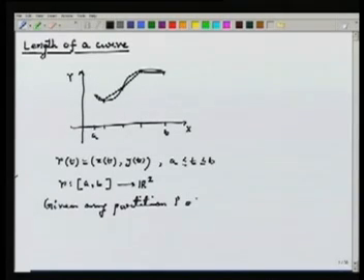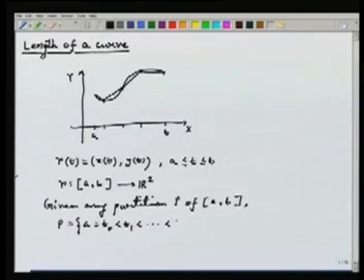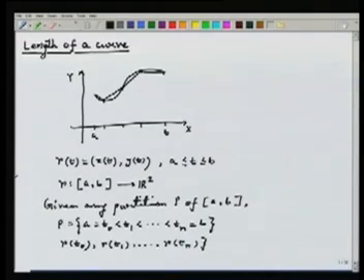of [a, b], let us say the partition looks like t0, t1, up to tn. What we do is we plot the corresponding points on the curve. So the corresponding points are r(t0), r(t1), up to r(tn). These are points on the curve which I have drawn in the above picture.